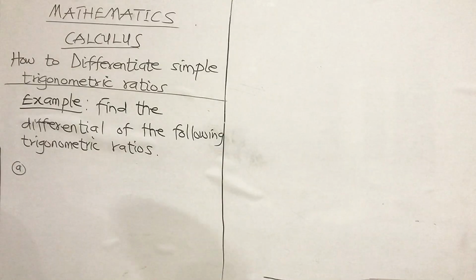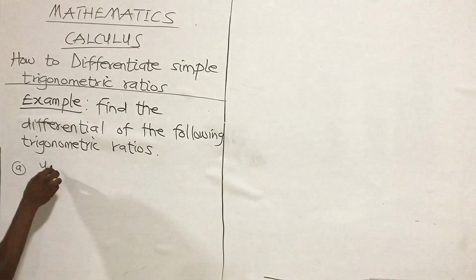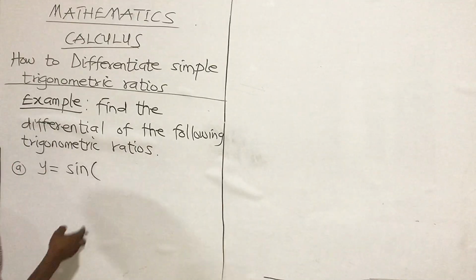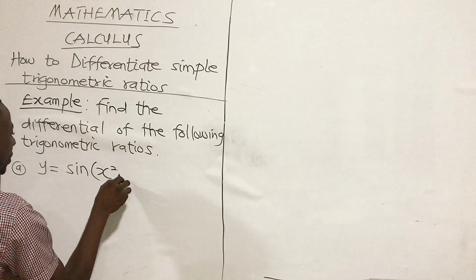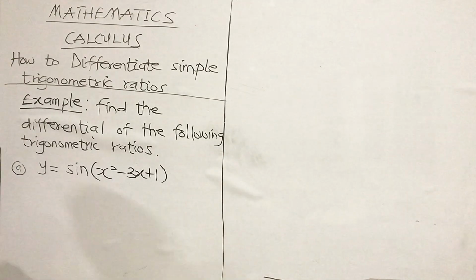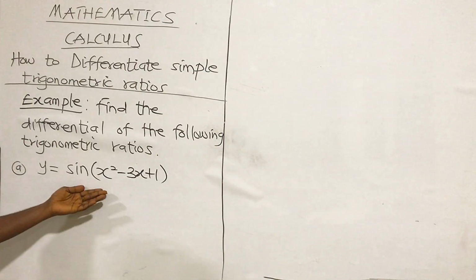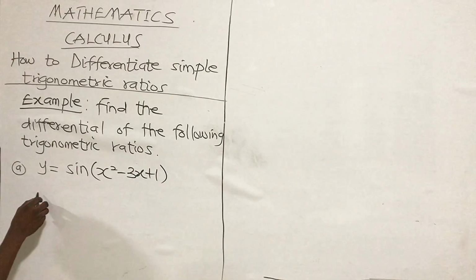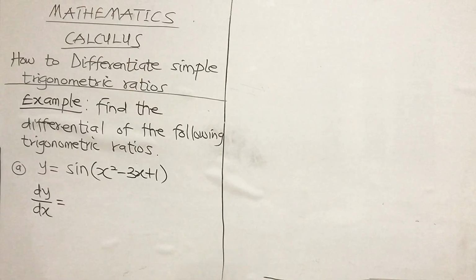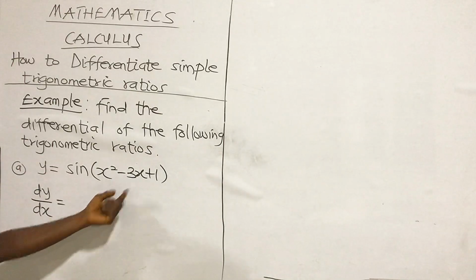A, y is equal to sine into bracket x squared minus 3x plus 1. So we can ask you to differentiate this or find the differential of this. So from here, dy over dx, because we are differentiating y with respect to x.